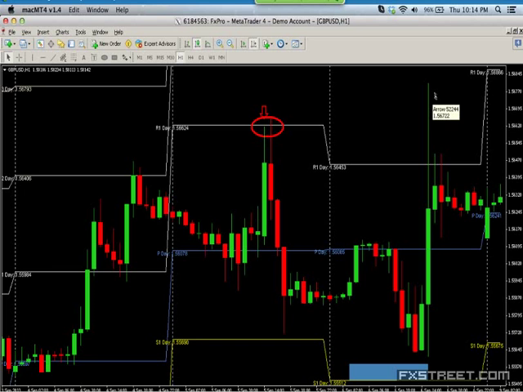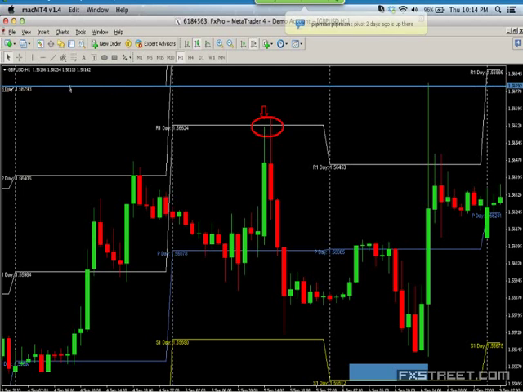We're just going to buy. But if you look at this, there is a level of resistance right here that comes in from 3 days ago. This area here. And that's what holds the market down. It's the high from 3 days ago.